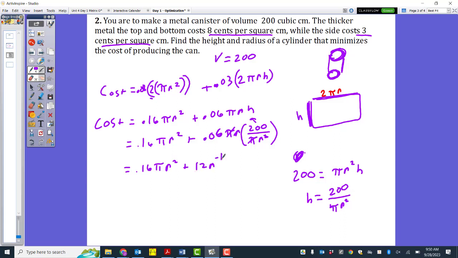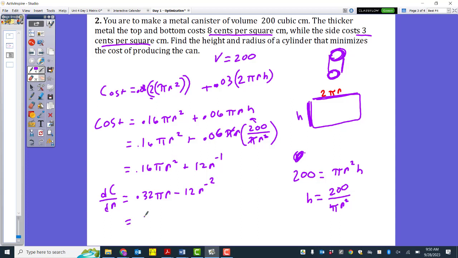And that's because we need to take the derivative. So dC over dr, the cost with respect to the radius, is going to be 0.32 pi r plus, well, really this should be minus 12r to the negative 2. And just like any other optimization problem, we need to get a common denominator.